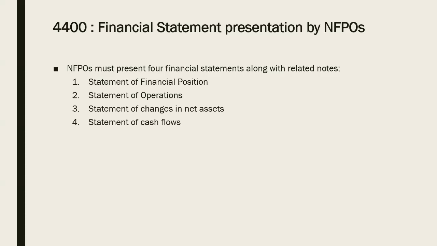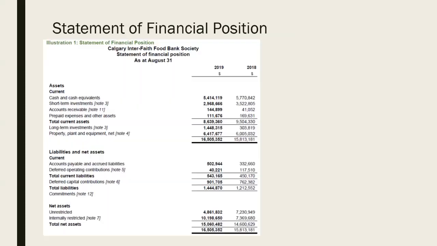The statement of financial position is similar to a balance sheet, or it is basically the same term used for a balance sheet prepared by a regular business. And it basically presents the assets and liabilities for the organization.